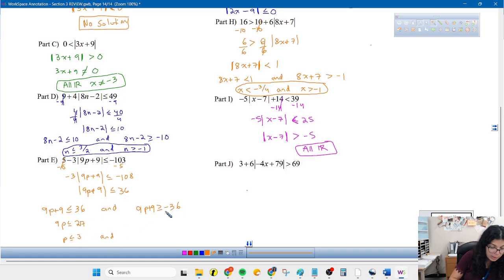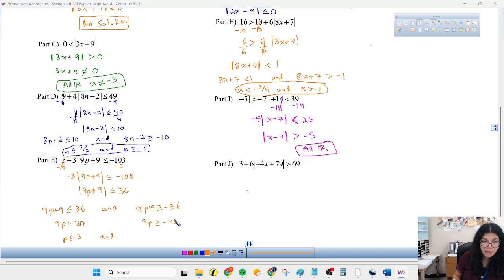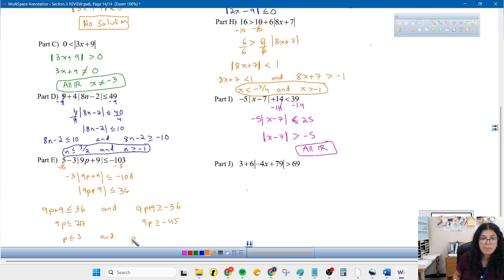And subtract 9 on this side, we get 9p is greater than or equal to -45. Divide by 9, p is greater than or equal to -5. P would have to be between -5 and 3.